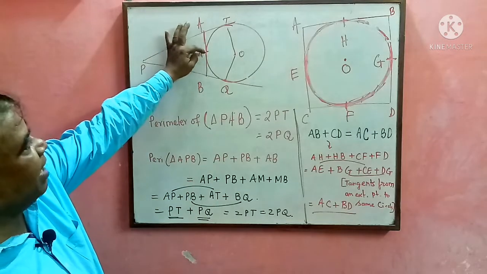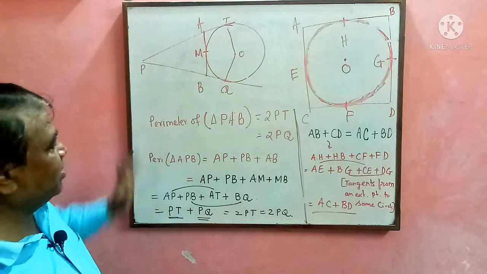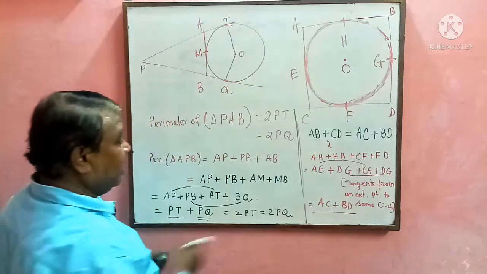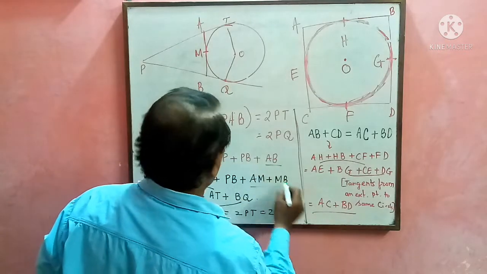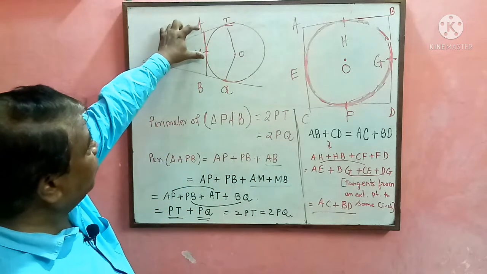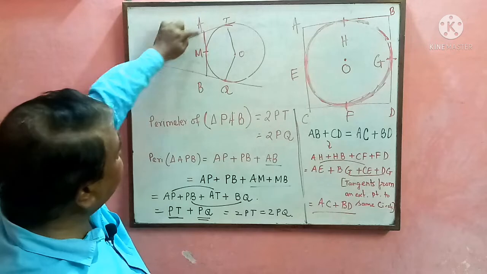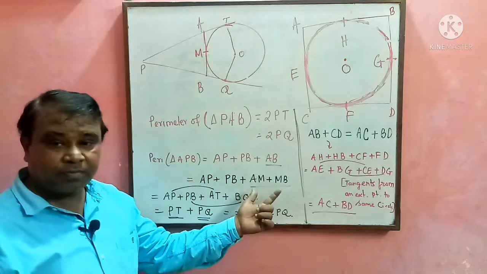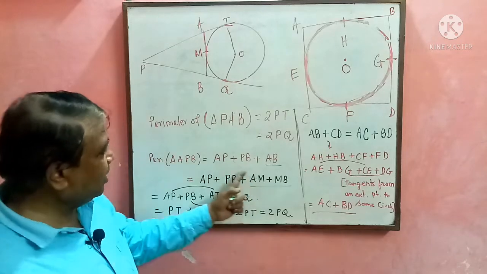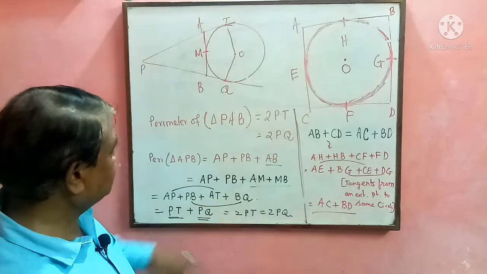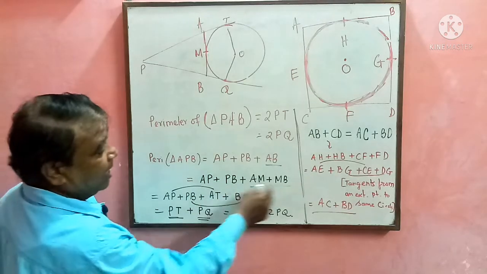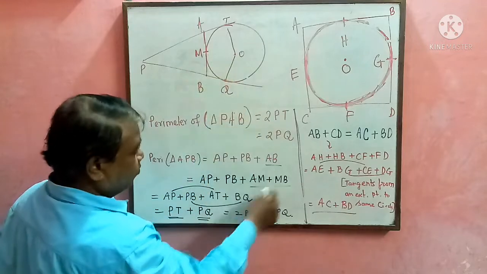Now, since we have a chance to split this one, we will split AB into AM plus MB. Here again, we know this is an exterior point and these two are tangents. AT is equal to AM. So, this is also AM. AM is equal to AT. So, we will change AM into AT and MB into BQ.